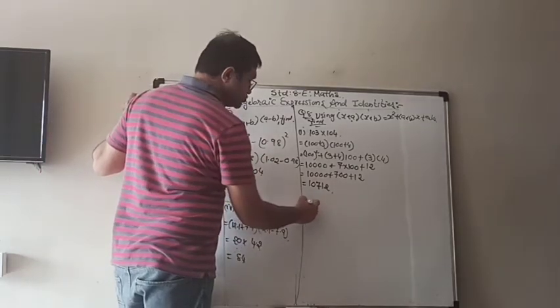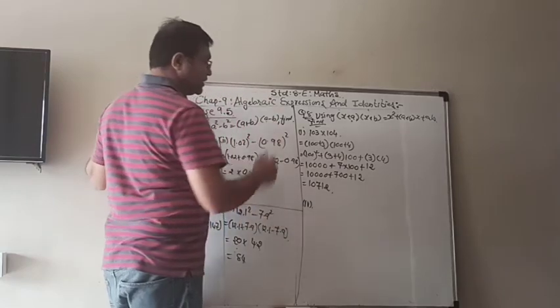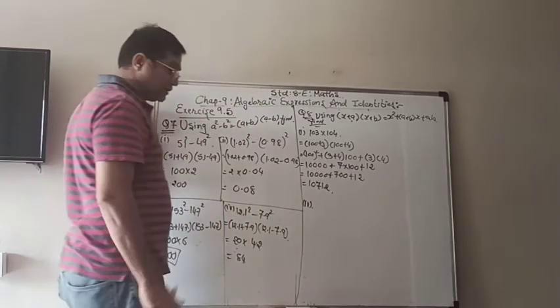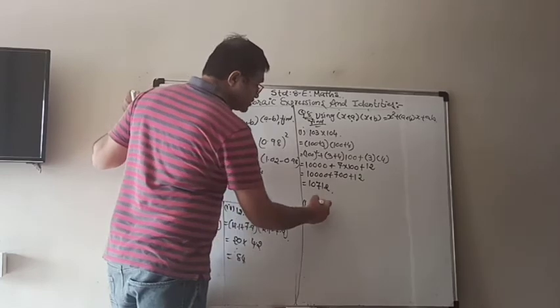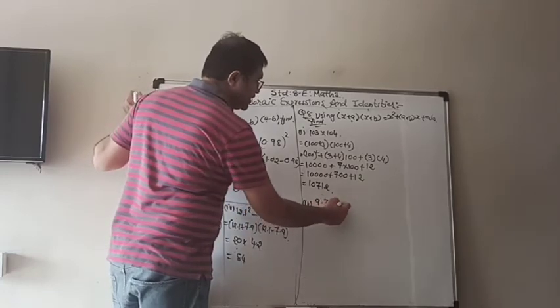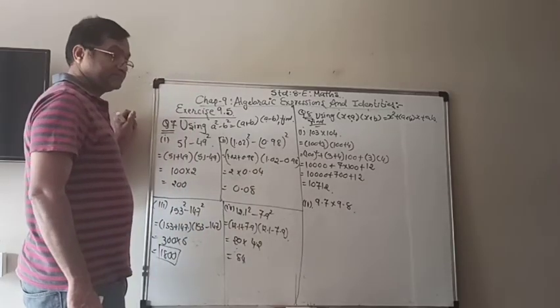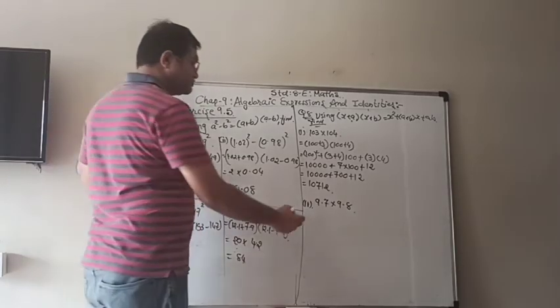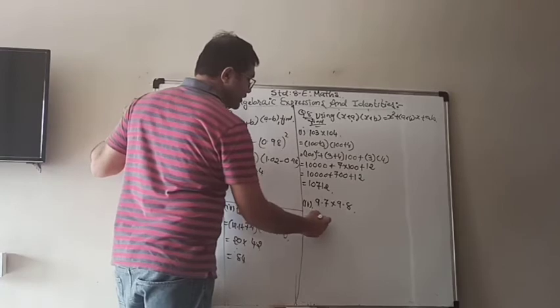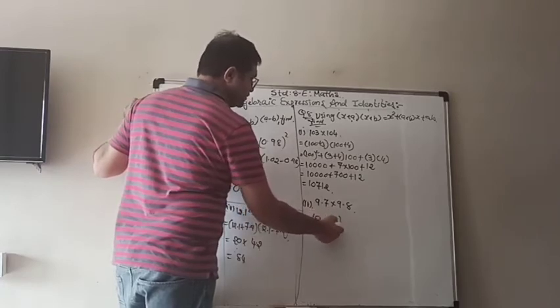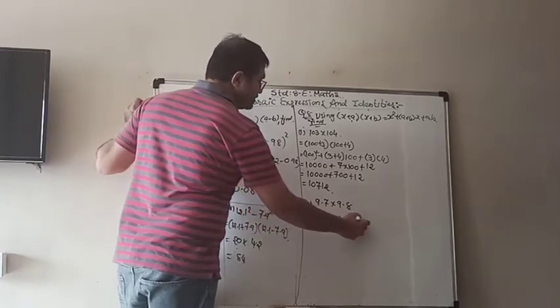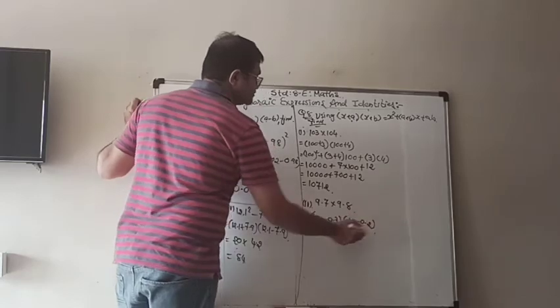And let's do the fourth one. Second and third, you can do it yourself. Fourth one is 9.7 into 9.8. Here you can use minus also: 10 minus 0.3, 10 minus 0.2.